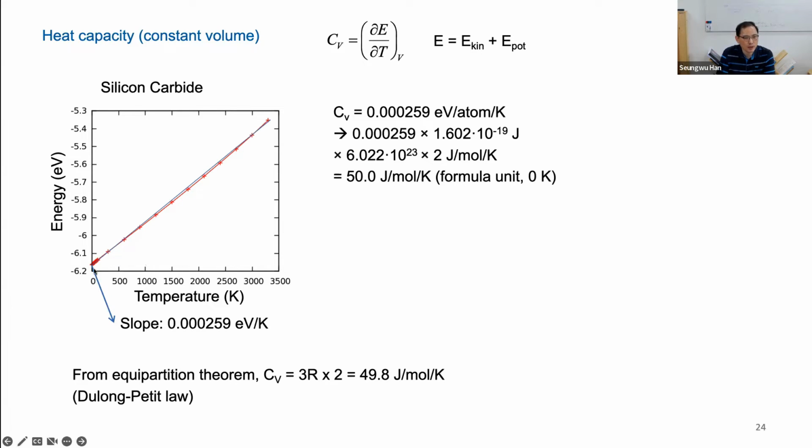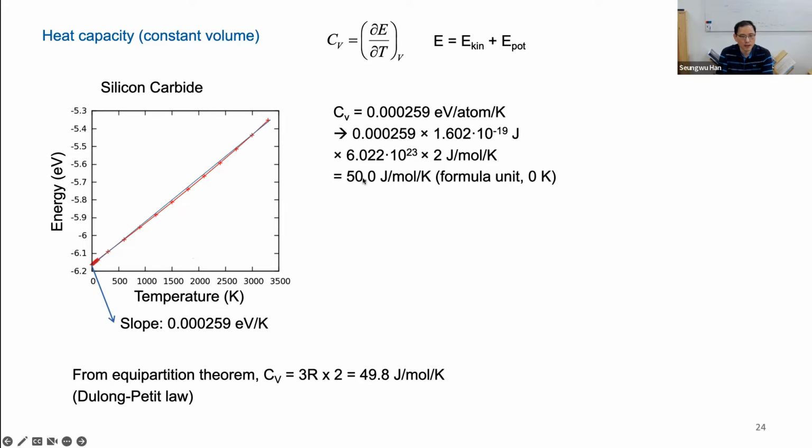All right. So this is the temperature of the simulation. This is the energy of the silicon carbide, and right, this X is the simulation result, and you can see that it is almost linear with respect to temperature, and its slope is this number. And if you convert this into joule per mole per Kelvin, then this is 50.